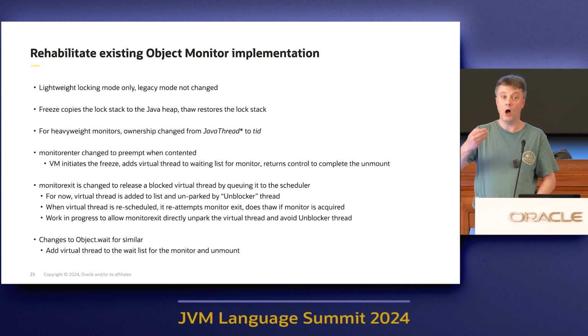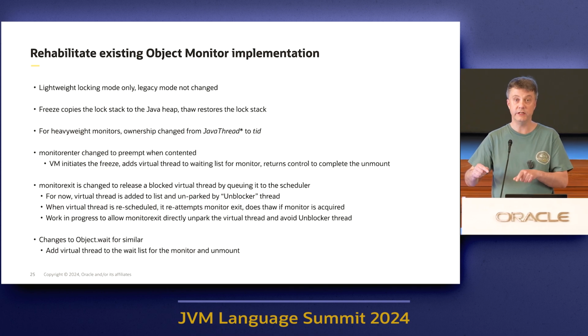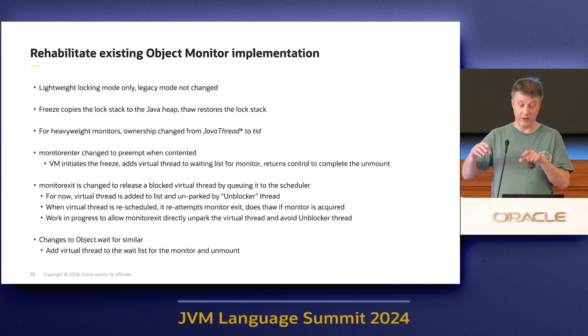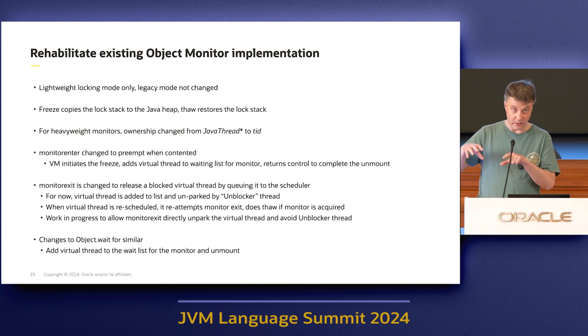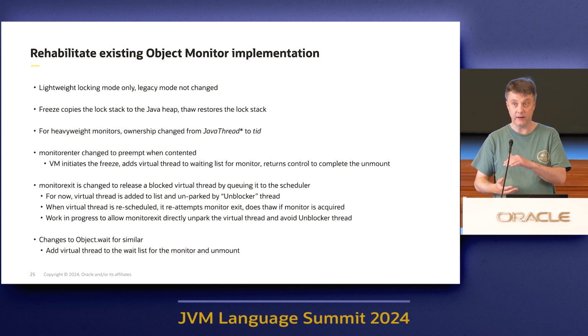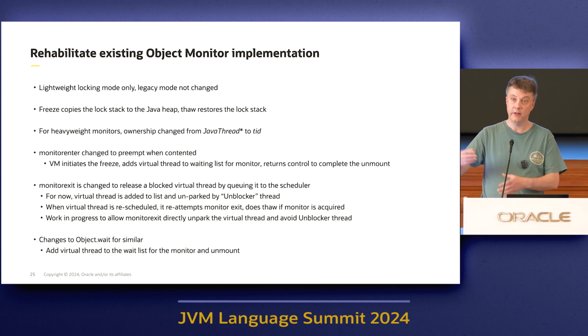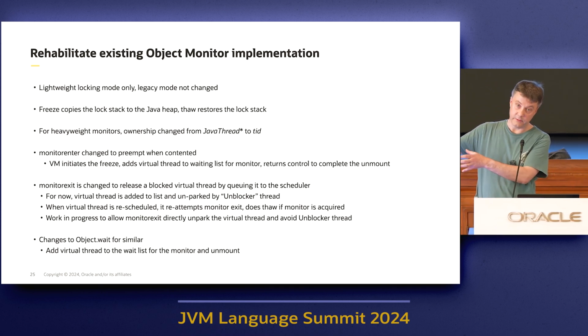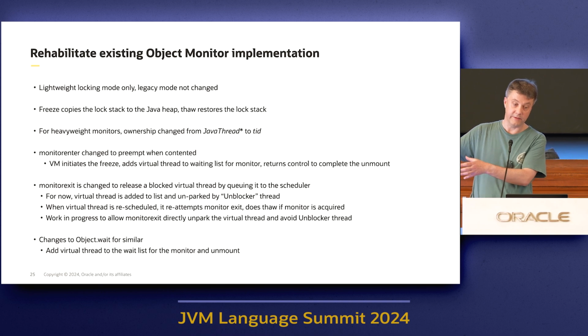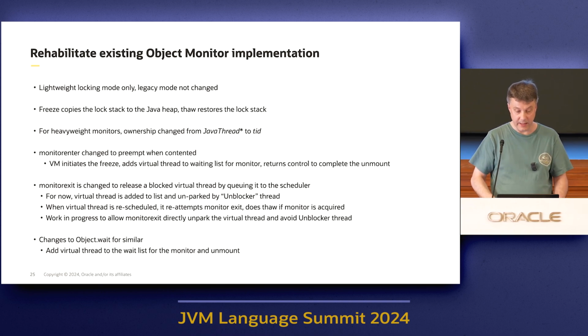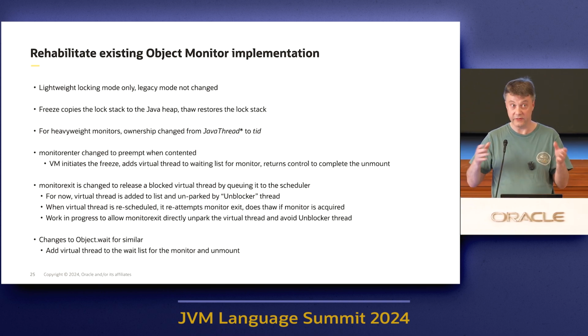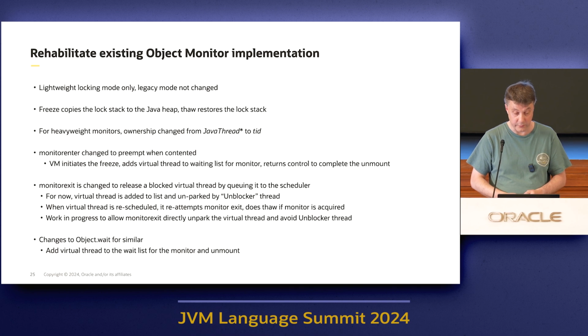This is now amended to additionally freeze the lock stack. So these entries that are on the lock stack, as part of the freeze operation, they also get copied over into the stack chunks. When you actually continue and you do a thaw, at least on the first thaw, that lock stack can come back in from the heap and get restored. So that actually is conceptually very simple and works quite well.